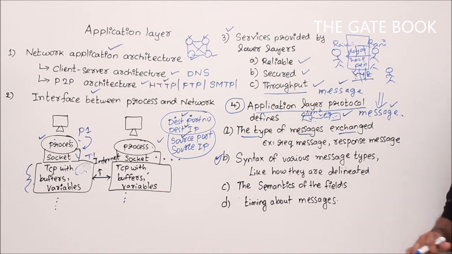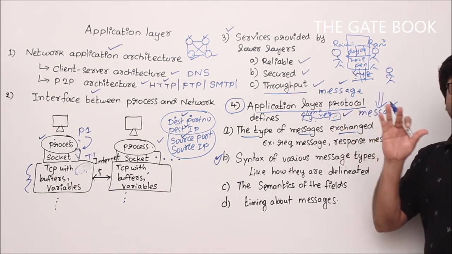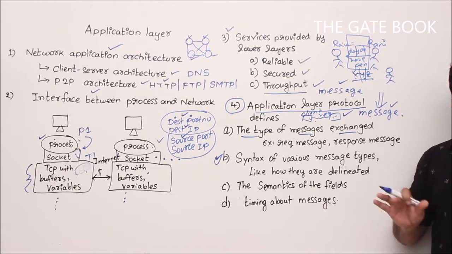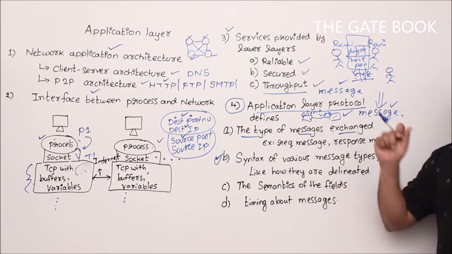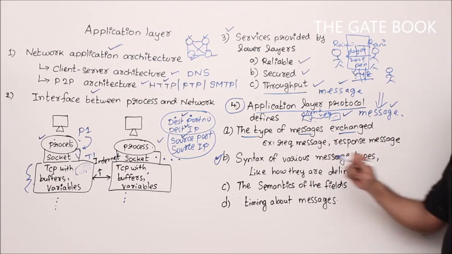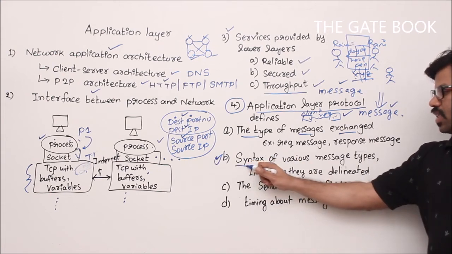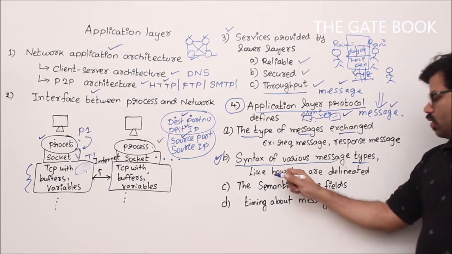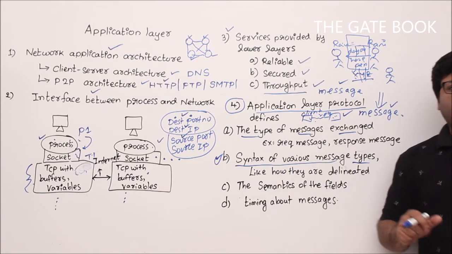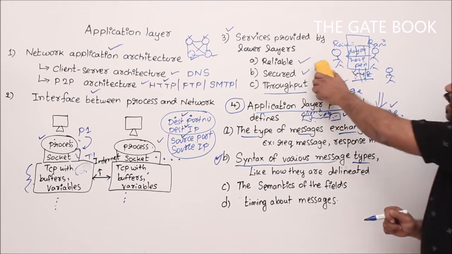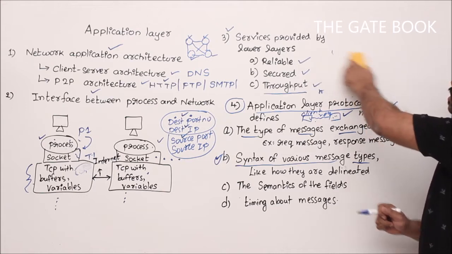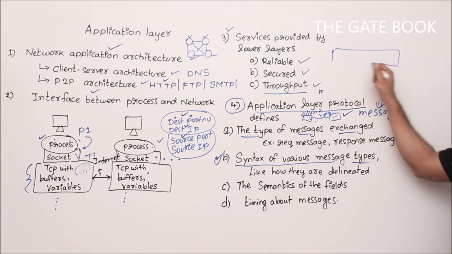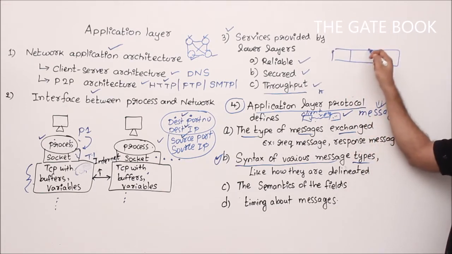The protocol says: my dear sender and receiver, remember from now onwards, this message will have a structure. So the rule of the message is like this: there will be a syntax of various message types and how they are delineated. That means every message will have some set of syntax, maybe like this, four parts.